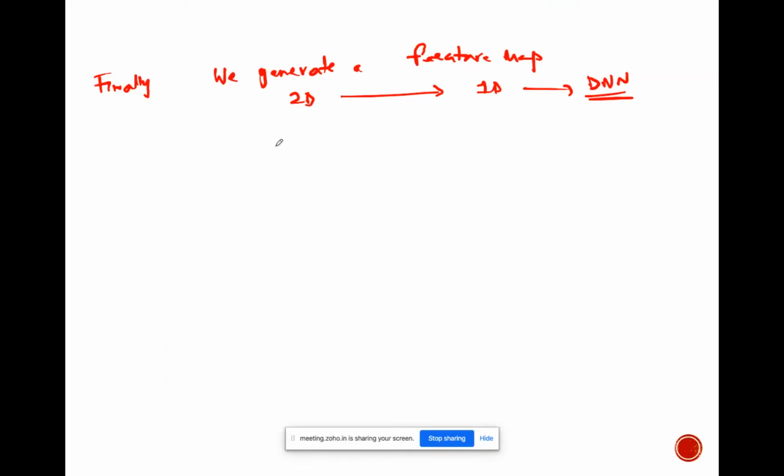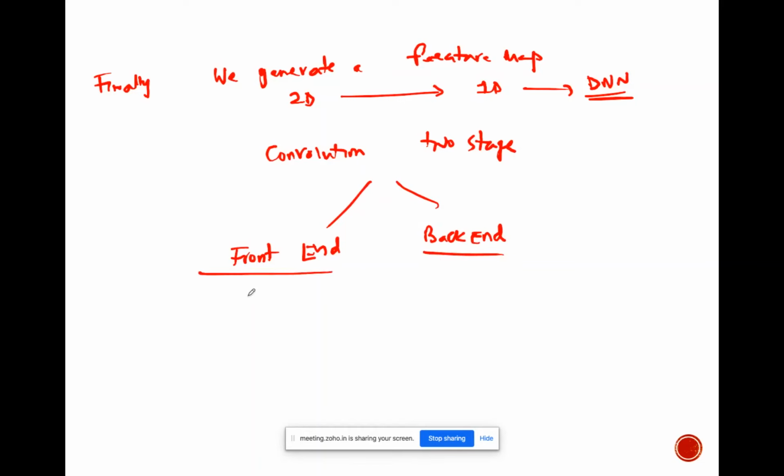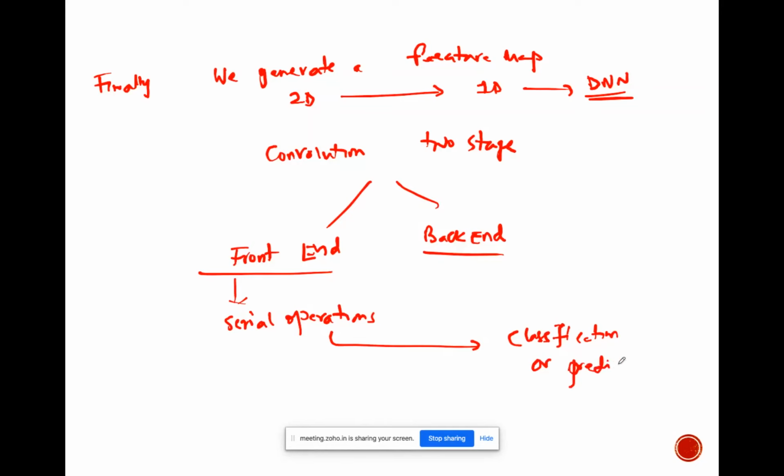So we know that the convolutional process is a two-stage process. One is the front end, another one is the back end. The front end will do all serial operations. It will be given to the back end for classification or predictions. This is the whole story on convolutional.